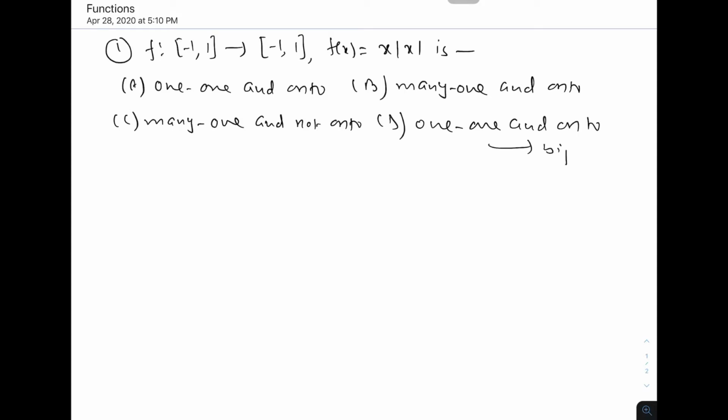This is bijective also. Many-one means not one-one.